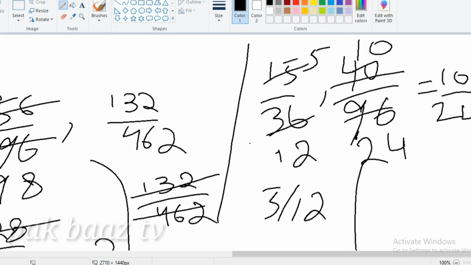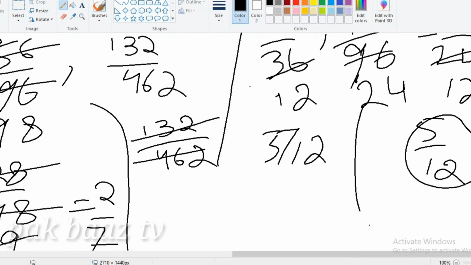Again divide, 2 fives are 10, 2 twelves are 24. 2 fives are 10, 2 ones are 2, 2 twelves, 2 twos are 4. So you will get 5 over 12 here, and then here is also 5 over 12. So this one is the equivalent fraction. 5 by 12 and 5 by 12 is the same answer.